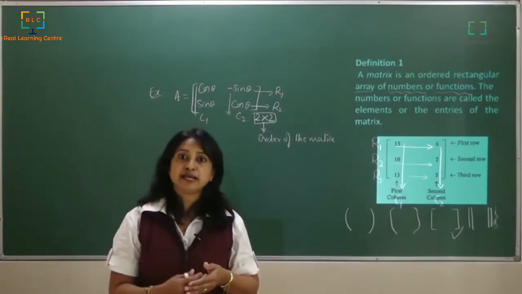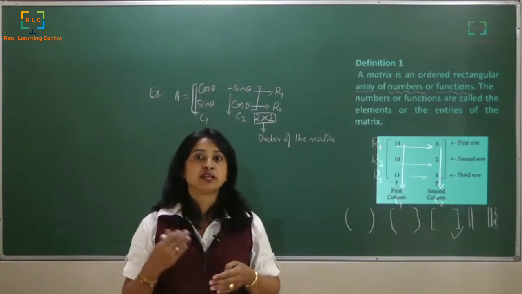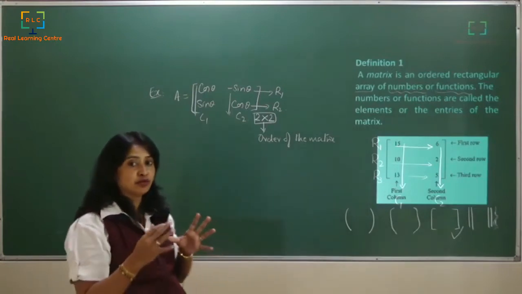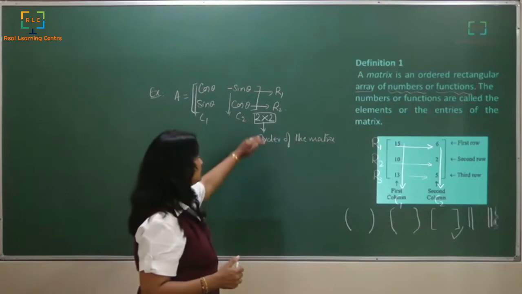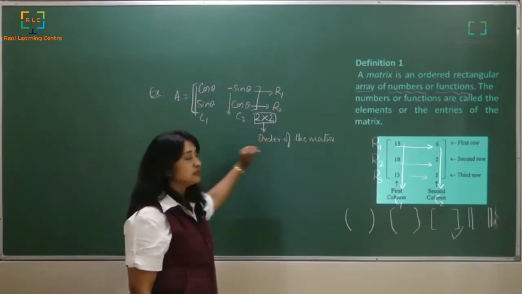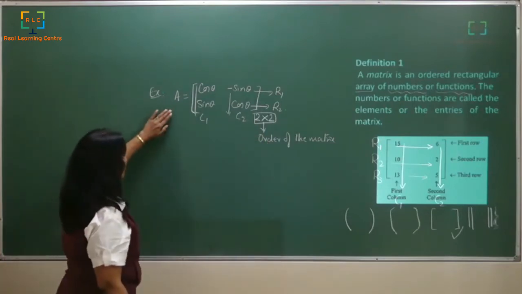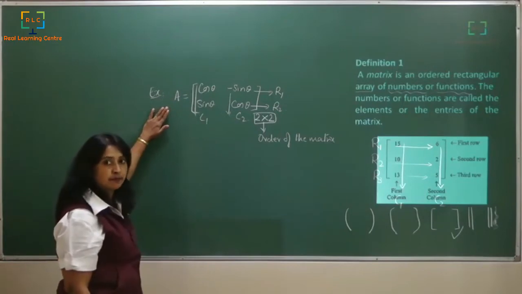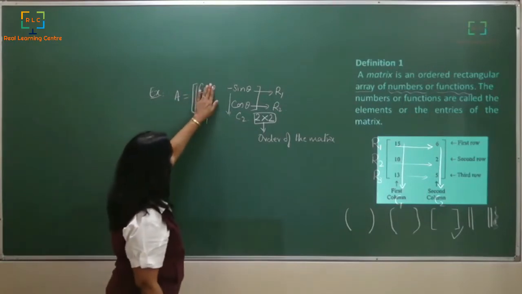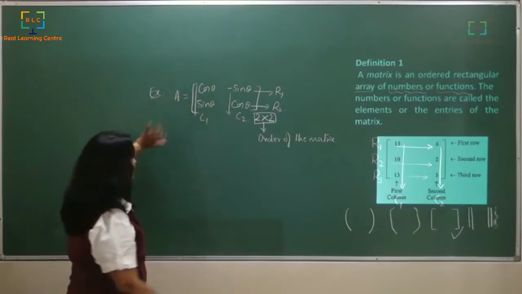These matrices can have any number of rows and any number of columns, and we call that the order of the matrix. And in these examples, I told you these are all the elements inside the matrix.